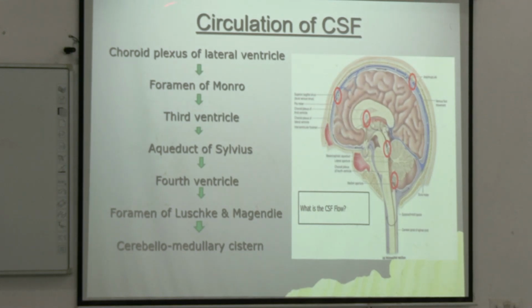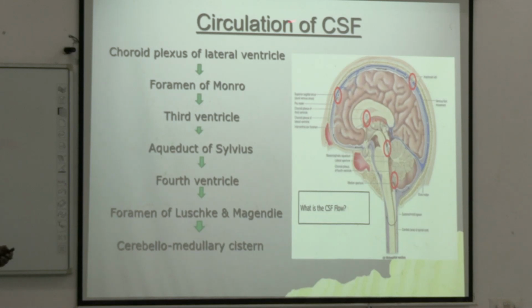Now, circulation of CSF. See the choroid plexus of the lateral ventricle to the foramen of Monro. These two ventricles are connected with the foramen of Monro. So it moves up through the aqueduct of Sylvius, fourth ventricle, foramina of Luschka and Magendie, and the cerebellomedullary cistern.